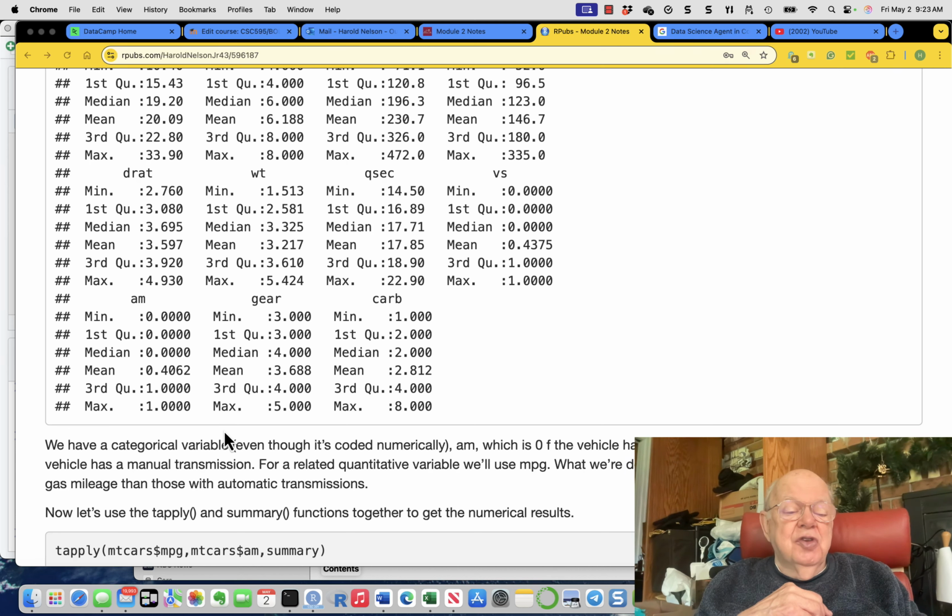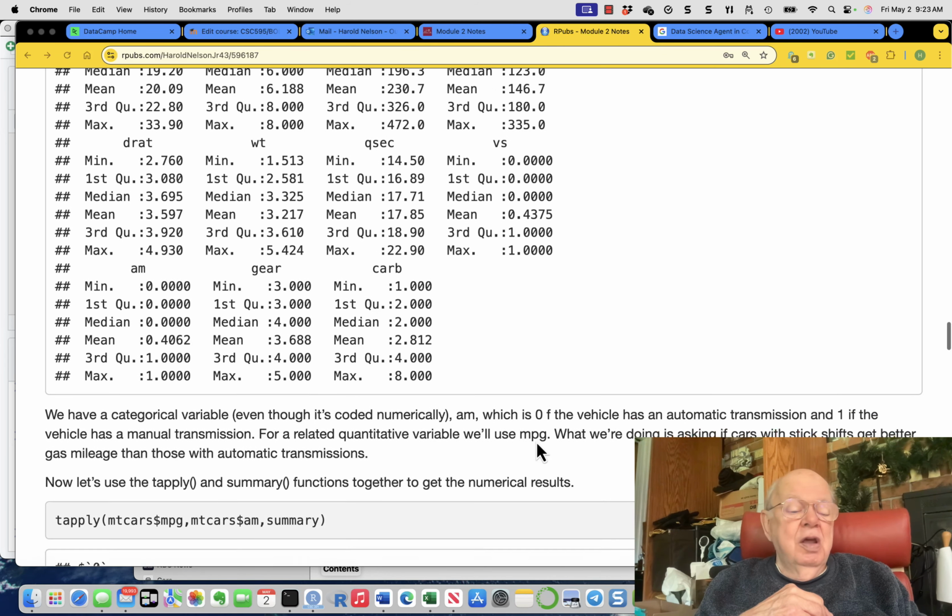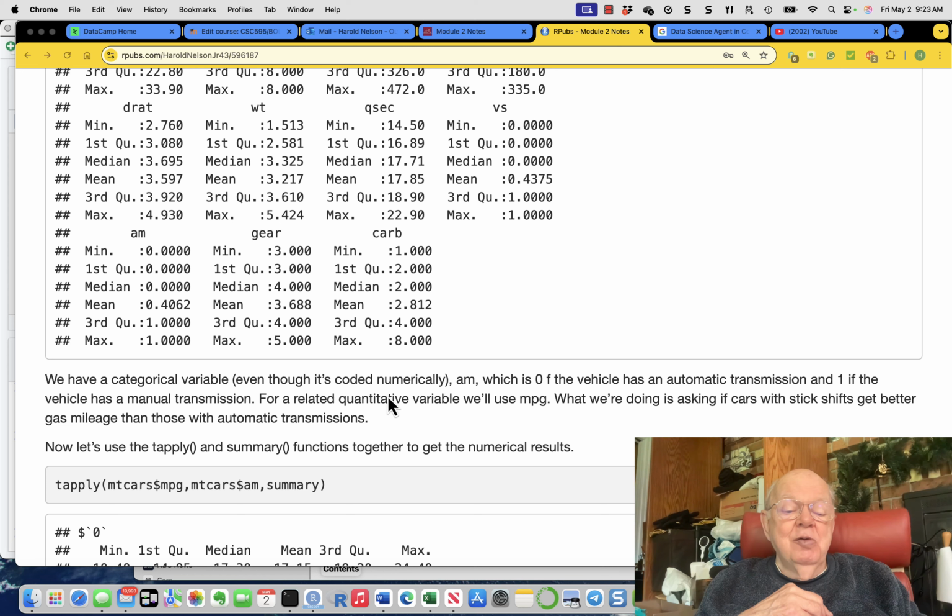am is categorical, even though it's coded numerically. Either it has a 0 or a 1. Those are the only two values that you have for am. And it's 0 if the vehicle has an automatic transmission, and 1 if the vehicle has a manual transmission. So that's the categorical variable we're going to use for this analysis.